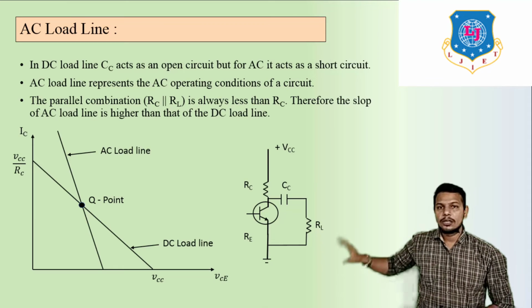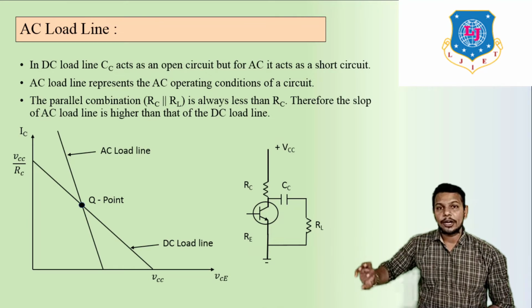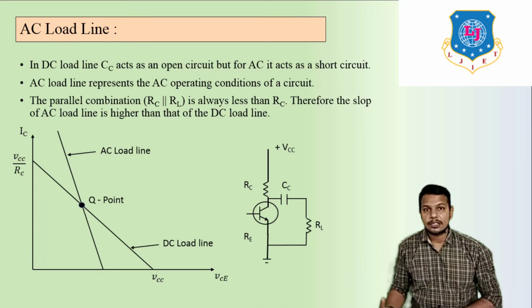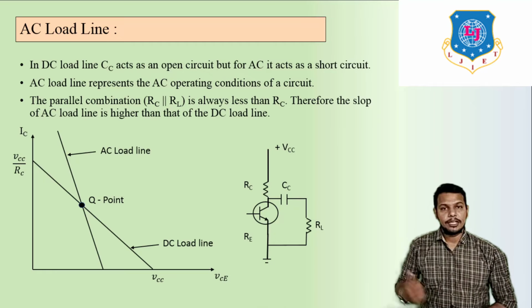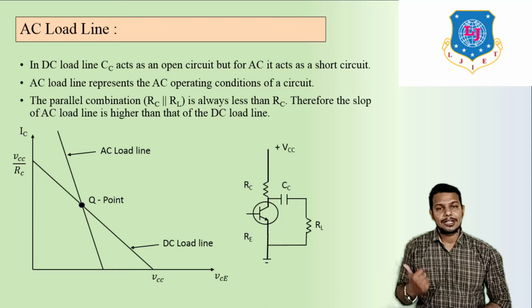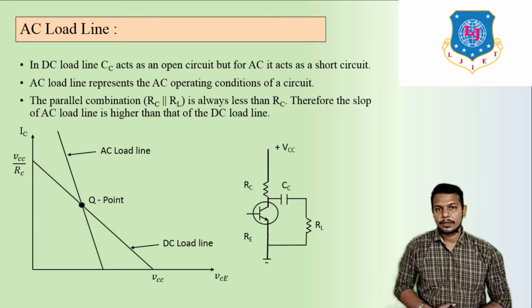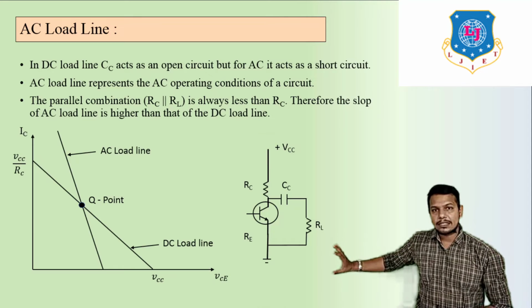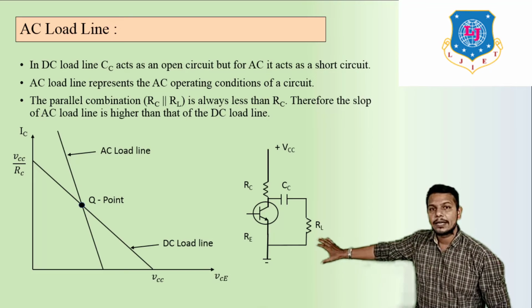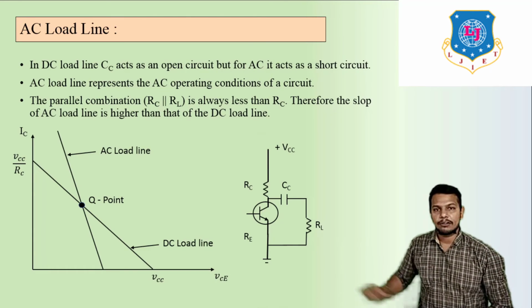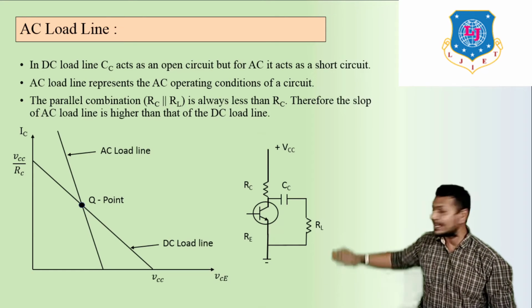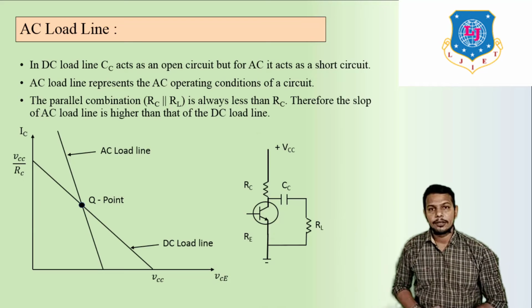There is no difference in the Q point and its stability and its different regions, which we discussed earlier: saturation region, active region and cutoff region. For amplification, the Q point is at the center of the graph. So this is the difference between the AC load line and DC load line, as we can see from this figure.